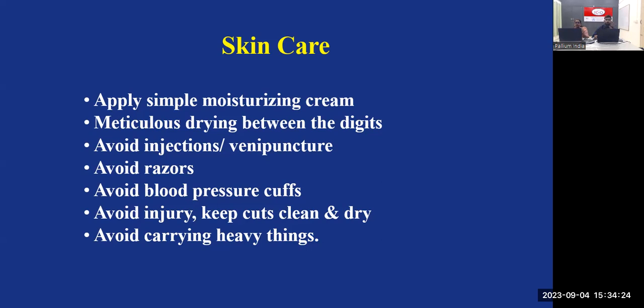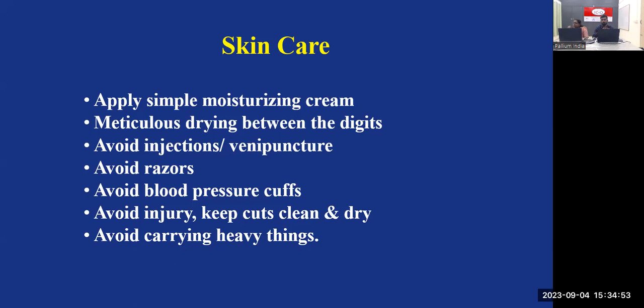They have to clean the area and keep it clean, and identify whether there are any signs and symptoms of infection. If there is any redness or any signs of infection, they definitely have to take antibiotics. Otherwise, cellulitis will develop. You have to tell them these instructions clearly, and also tell them to avoid carrying heavy things.